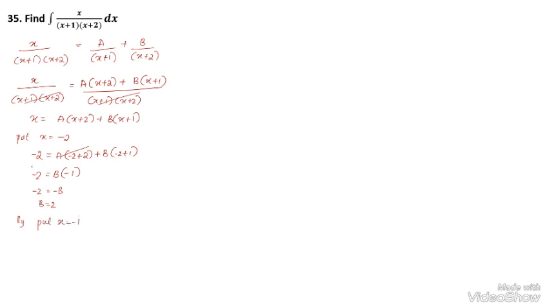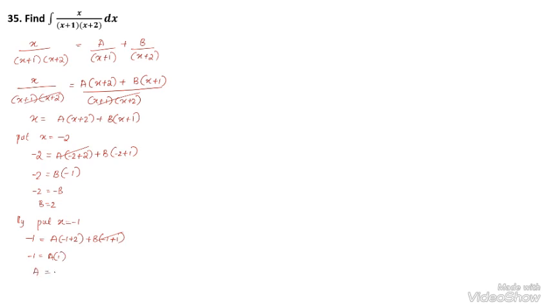I can take x as minus 1 in this equation. Then minus 1 is equal to a into (minus 1 plus 2) plus b into (minus 1 plus 1). This one gets cancelled. Minus 1 is equal to a into plus 1.